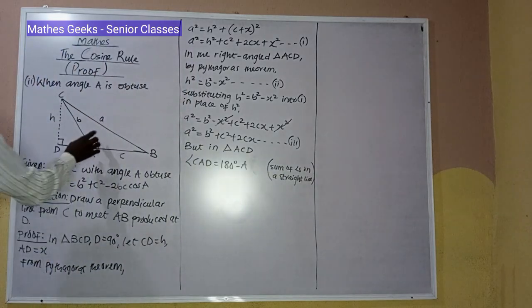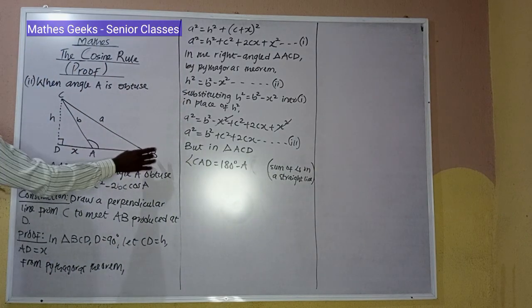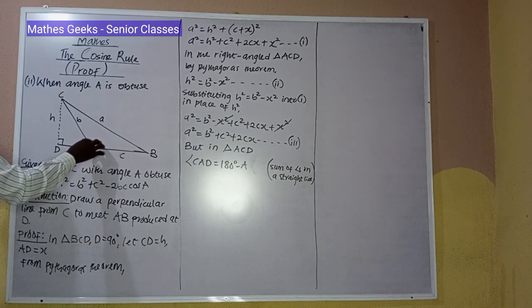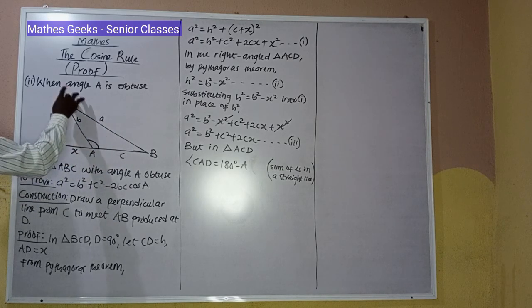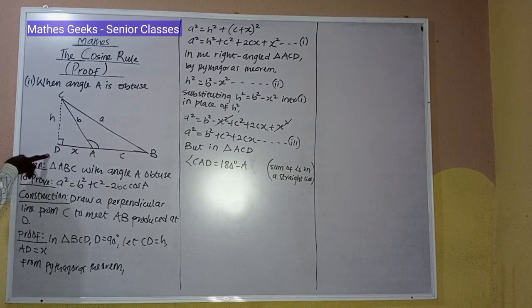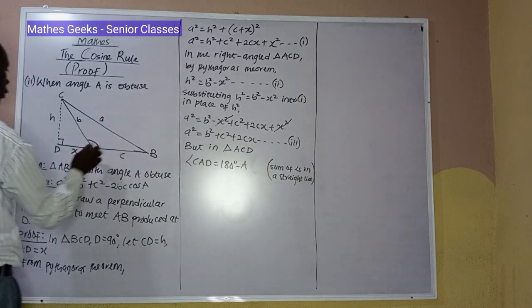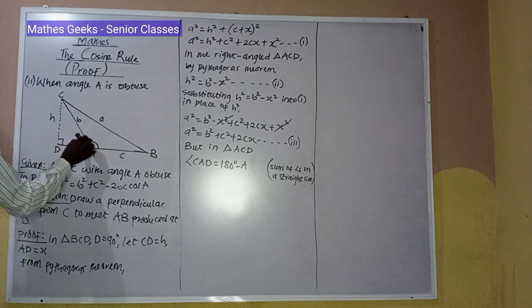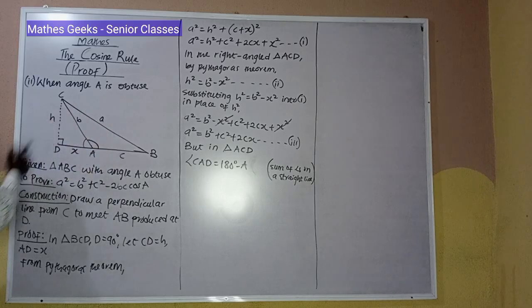For triangle BAC, the angle here is obtuse A, but for triangle ACD, this is what we are considering. In the right angle triangle ACD, this angle here is acute, while this one here is obtuse. So together they make angles on a straight line.